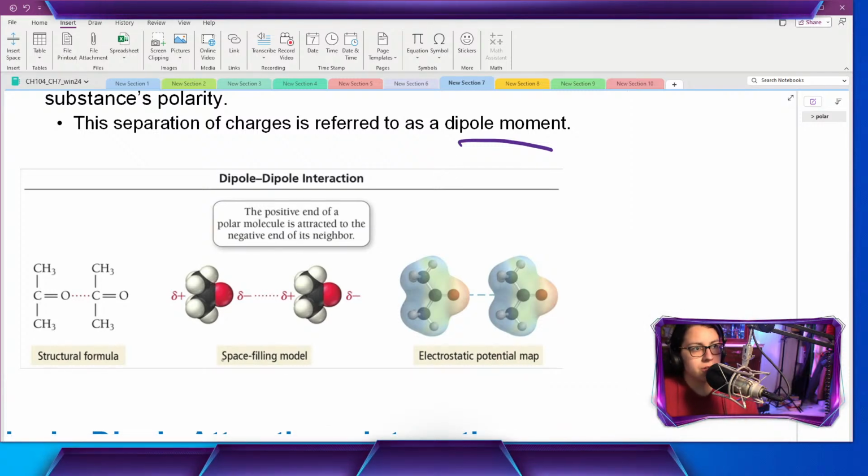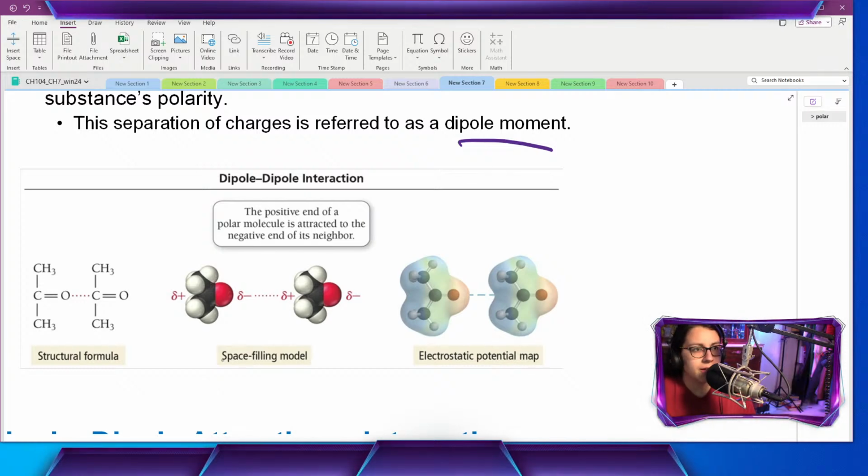And so now we're looking at acetone here. And so we have our carbon double bonded to our oxygen. And so this oxygen, remember, is fairly electronegative. And so it gives us a partial negative charge here as our electron density is located on the oxygen. It's going to be pulling some away from that carbon. So I like these electrostatic potential maps since that shows it a little clearer to us.